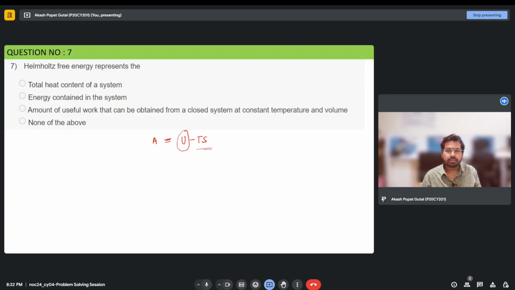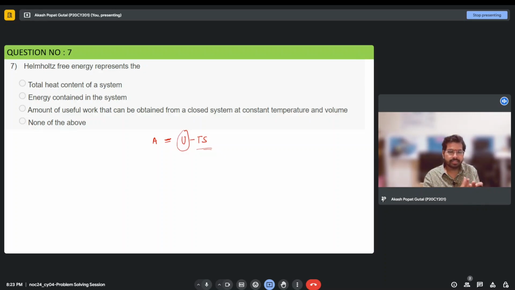Closed system means there will not be heat exchange, at constant temperature and volume. And TS is the energy that has gone into the increase in the entropy of the system.